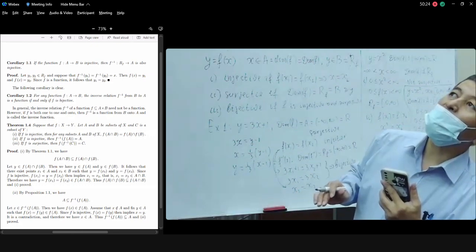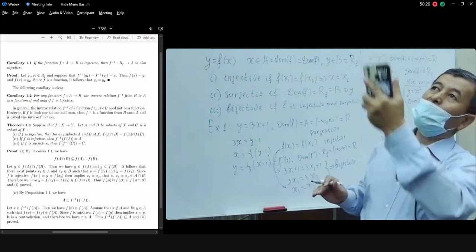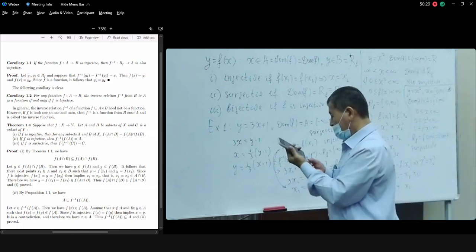If f is injective, then f minus 1 is also injective. Corollary 1.1. So I will remove everything.